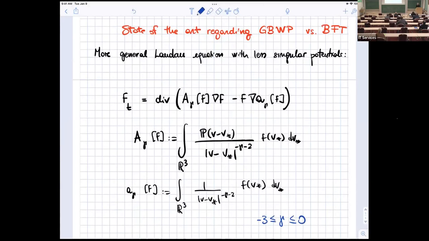So -3 is the Coulomb potential, the one we have just talked about until now.